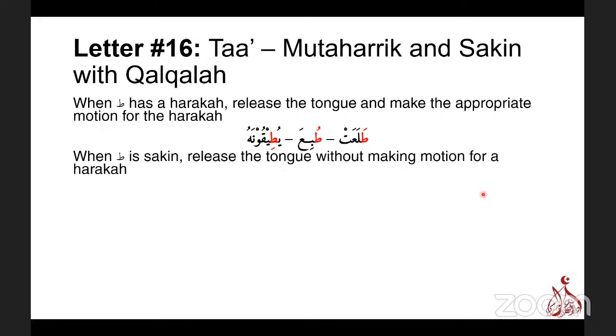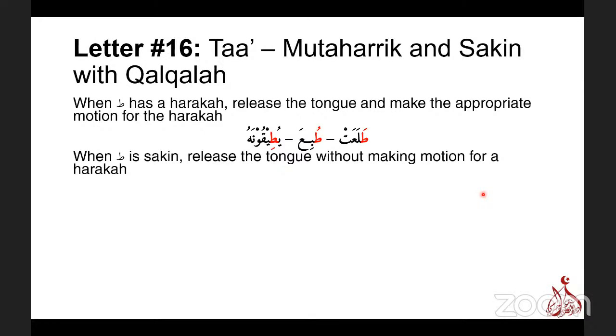Next, when Ta is sakin. I've mentioned this quite a number of times before, that normally when a letter is sakin, the tongue is not released. For example, if a lam is sakin, you don't release your tongue. When Kha is sakin, you don't release anything; you keep it there.